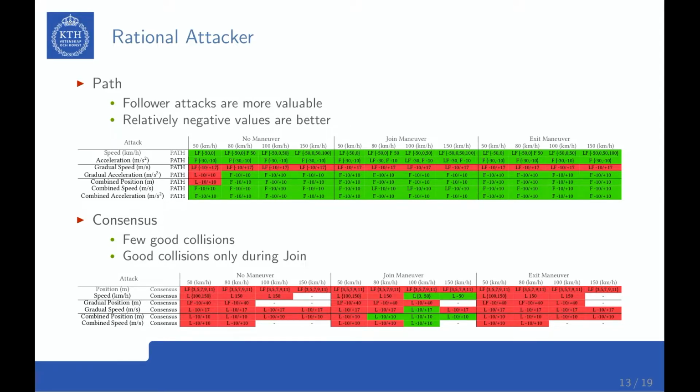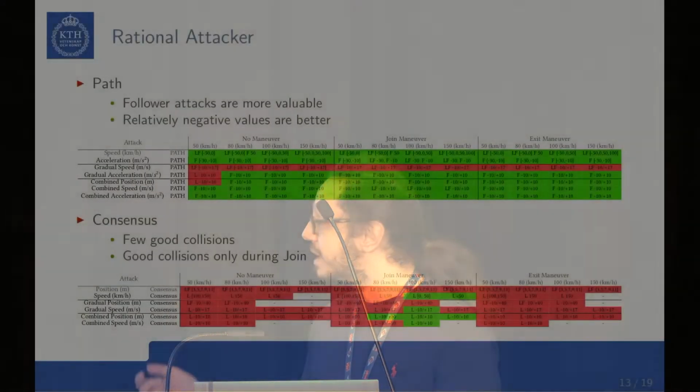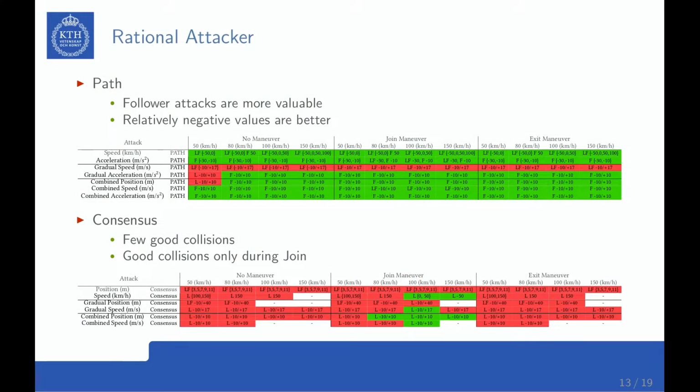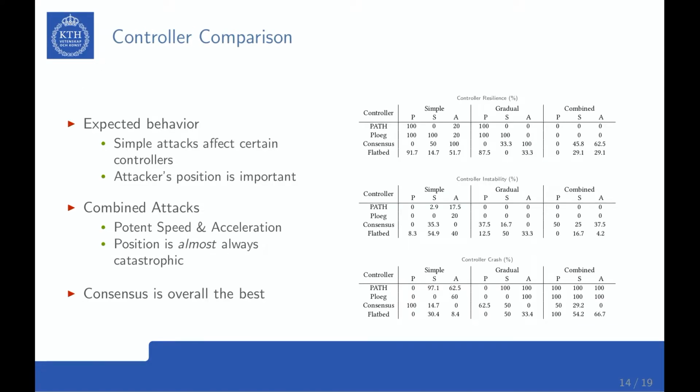Now, if we move to the consensus controller, we can notice that the only green values, meaning the attacks that don't cause a collision for the attacker, are during a join maneuver. So, for example, an attacker in a platoon using the consensus controller would attack during a join. Otherwise, it risks harming himself.